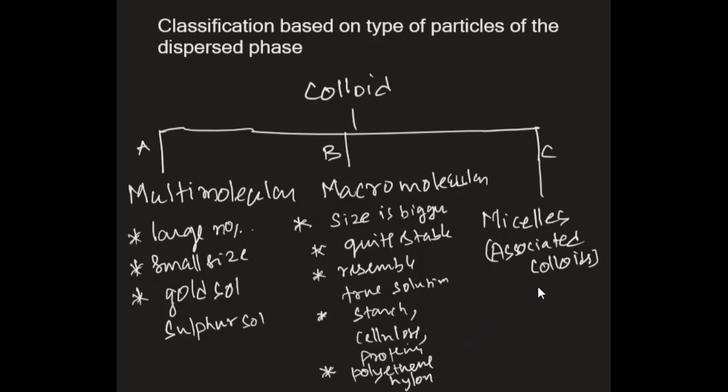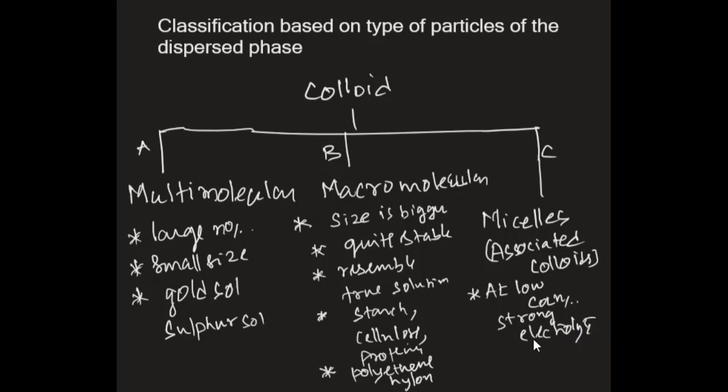And regarding associated colloids, they are substances which at low concentrations behave as normal strong electrolytes. Strong electrolyte means that is like NaCl solution or HCl solution or NaOH solution.